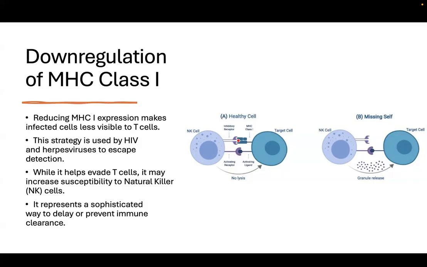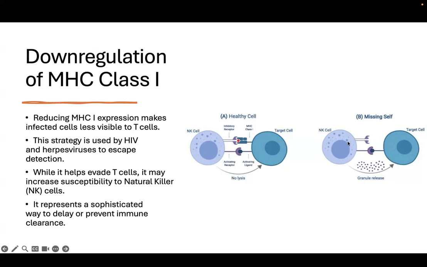But the virus thinks it's smart by snatching the MHC1. Sure, you might have stopped CD8 T cells, but you've now turned on NK cells. Because NK cells, they love to patrol. And if they see a cell that has an MHC, they say, okay, this is fine, I don't need to kill it, because all nucleated cells have an MHC.